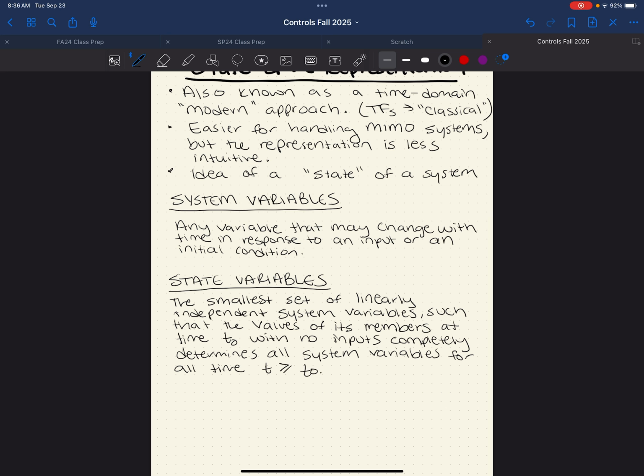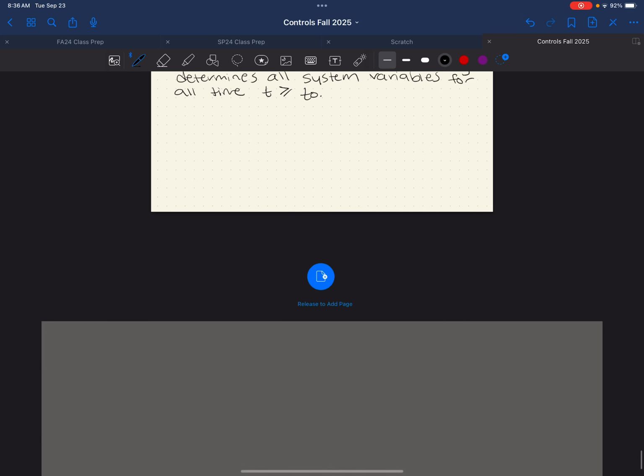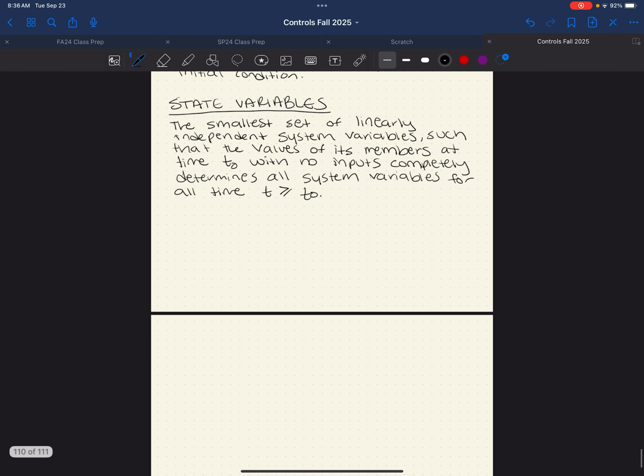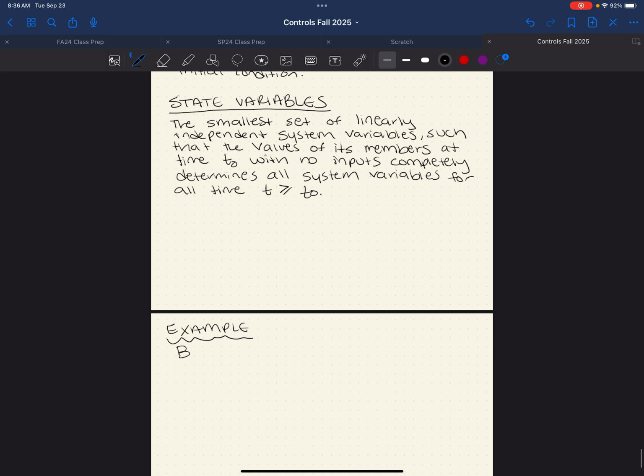Okay, so that is probably still a little bit vague, and so what I want to do is talk about a specific example. And as almost always, we're going to talk about a block. We mechanical engineers love our blocks. So let's talk about a block sliding. We've got some surface. We've got some mass sitting on this surface.